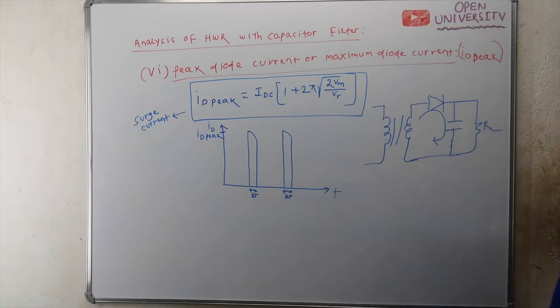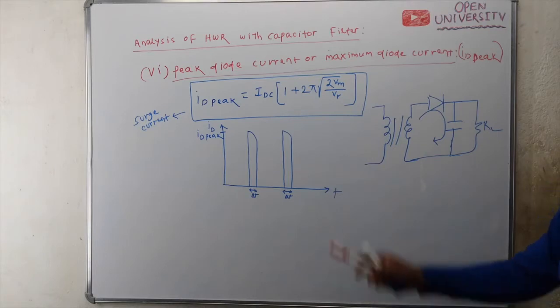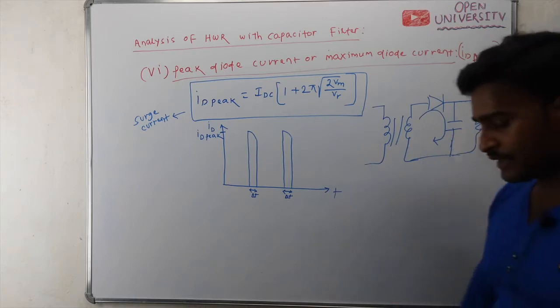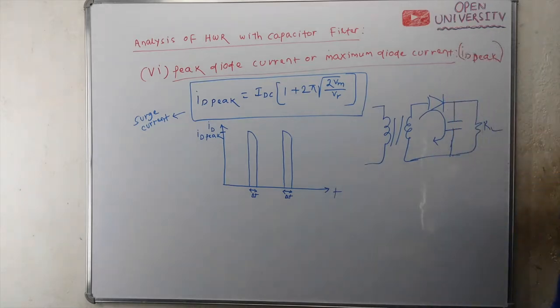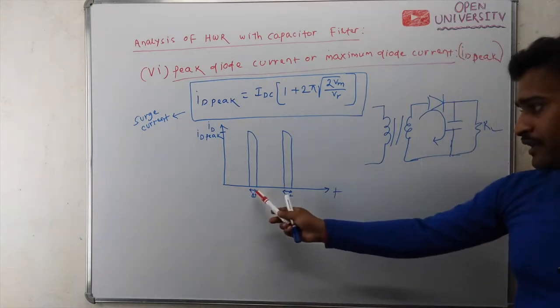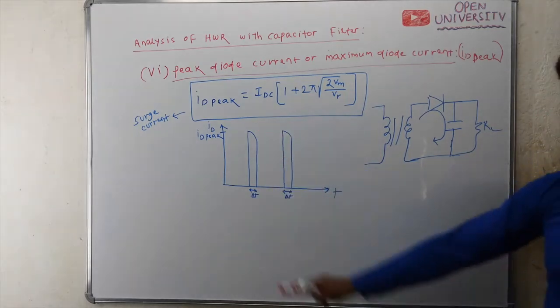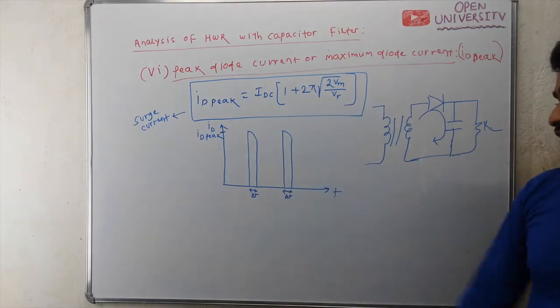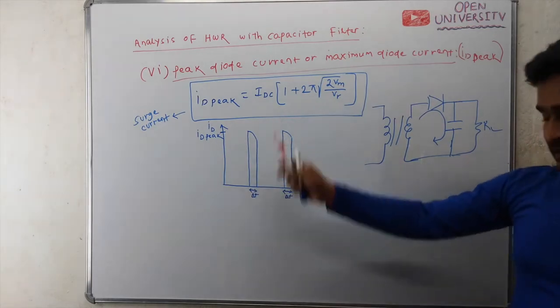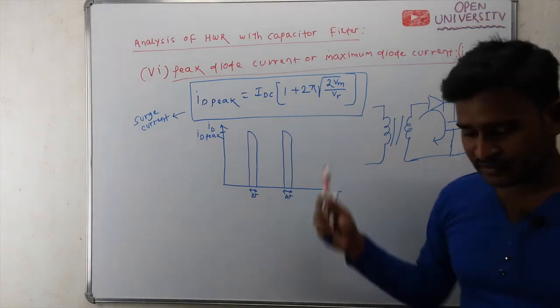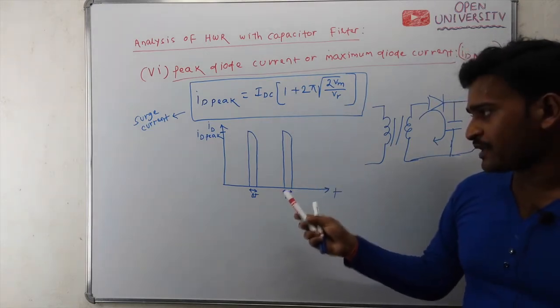Full stop. Due to this, diode current increases suddenly. In very less time, delta t, the current will increase. Due to this, diode current will increase suddenly. Full stop.